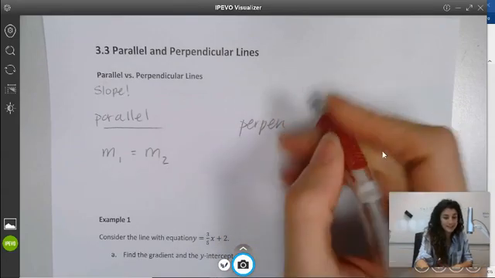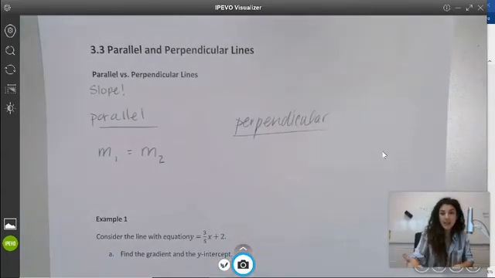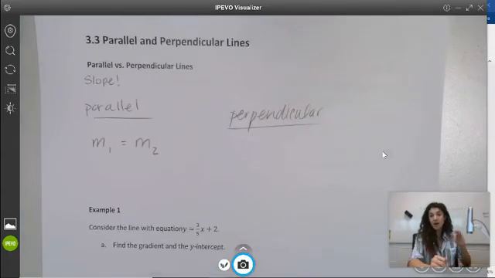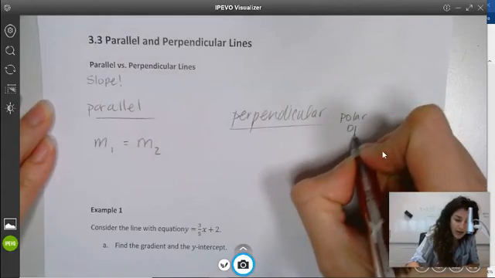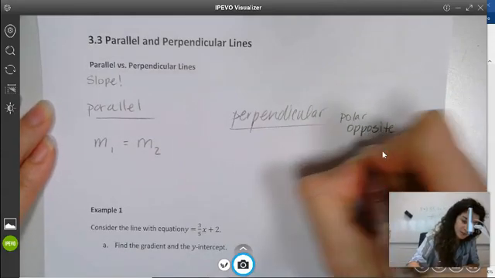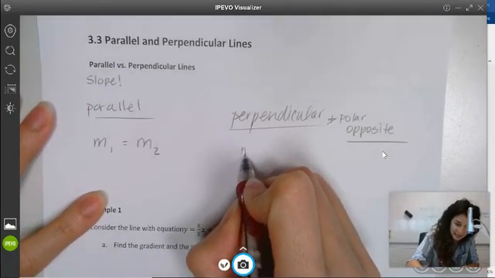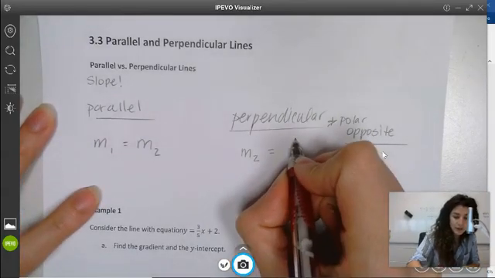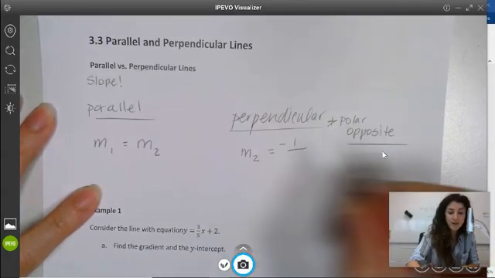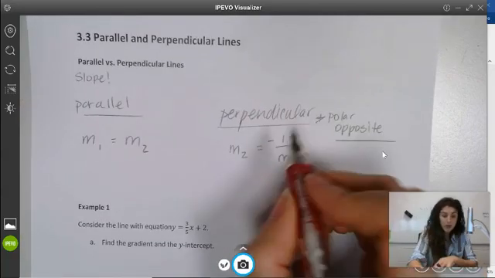Versus, I've got terrible handwriting today, perpendicular. Your perpendicular lines have completely opposite, polar opposite slopes. So what that means is that your second slope is equal to the negative reciprocal of the first slope.